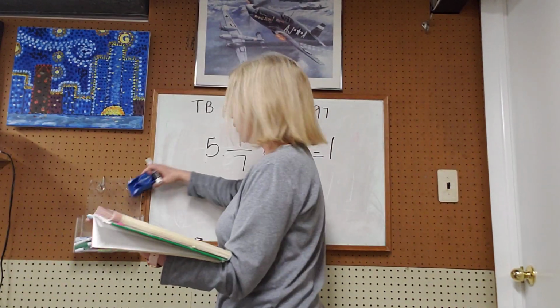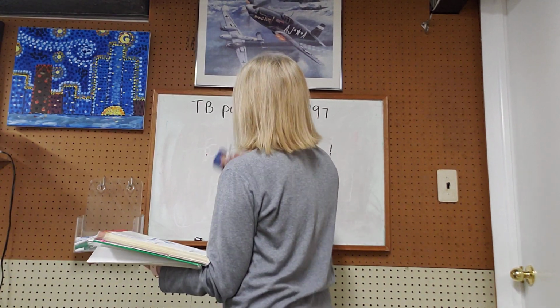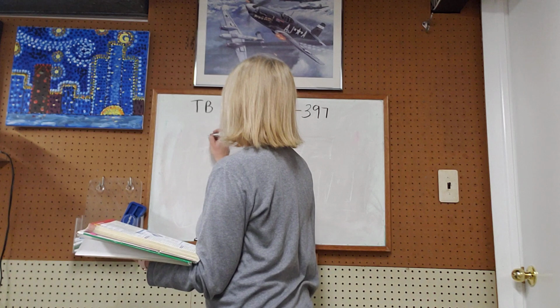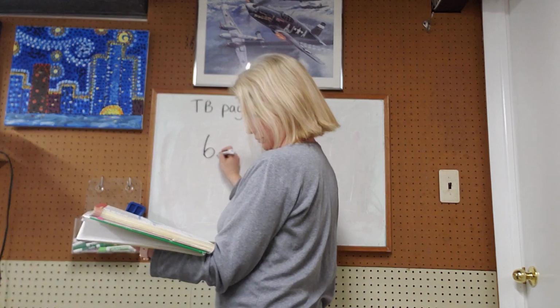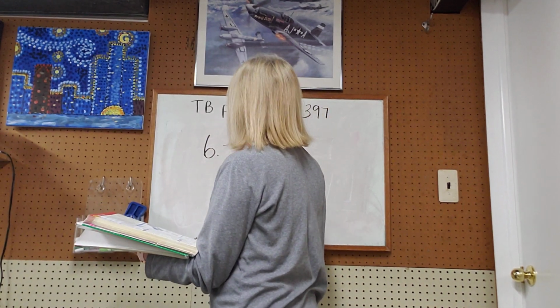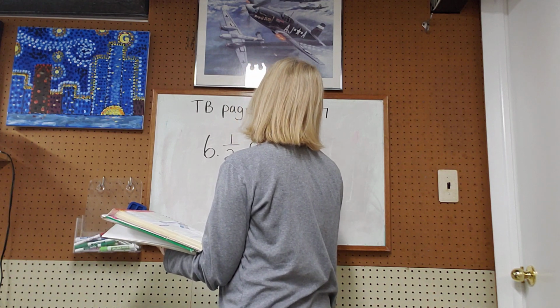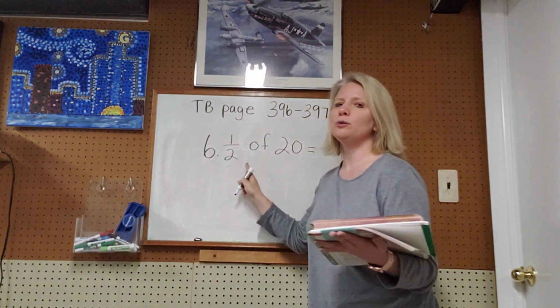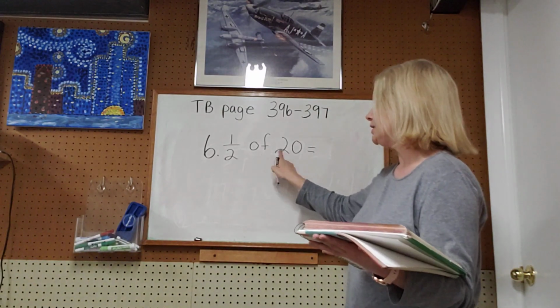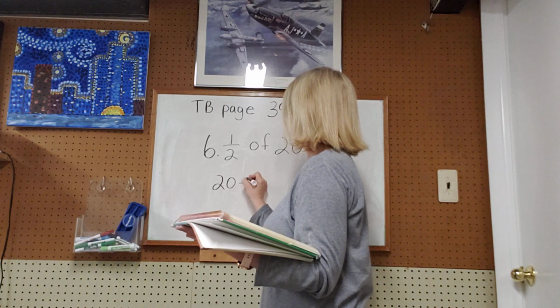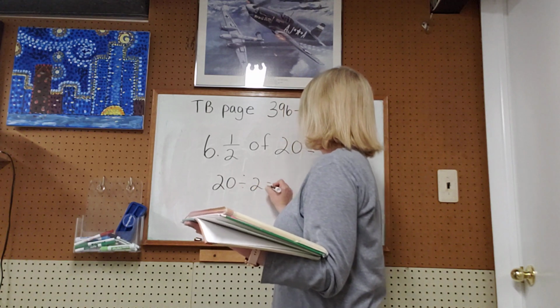All right, let's try one more, and then I'll have you draw a few on your own. Number 6. 1/2 of 20. So you draw out your groups to divide, and it's like 20 divided by 2. So you think the opposite.